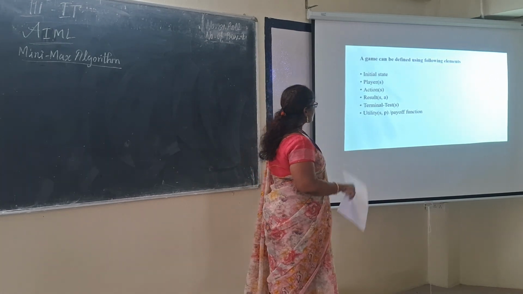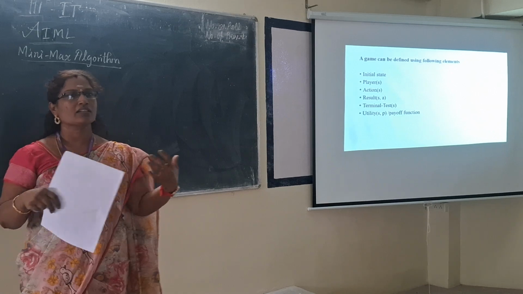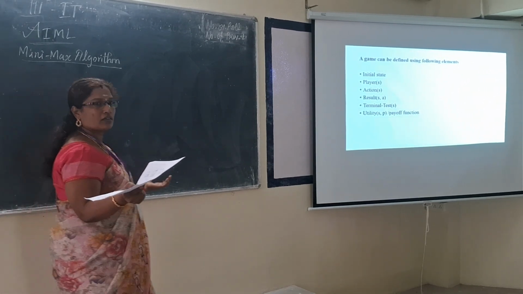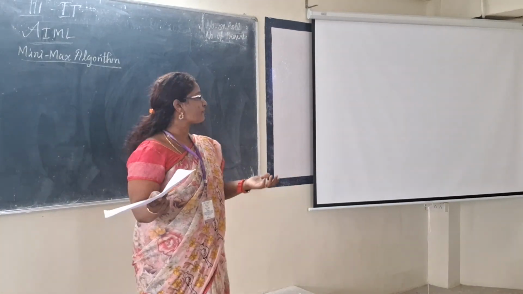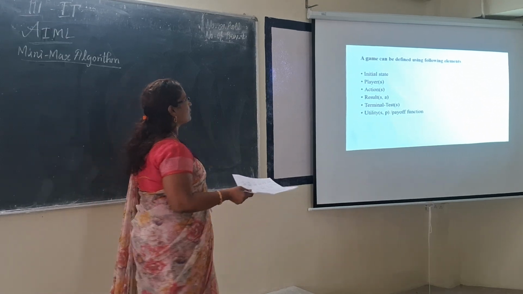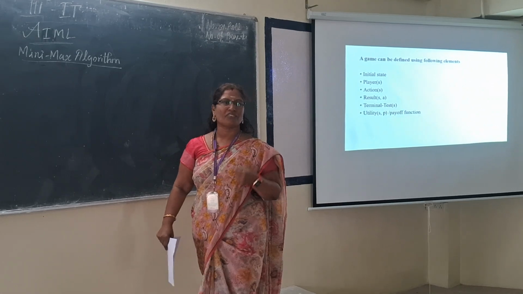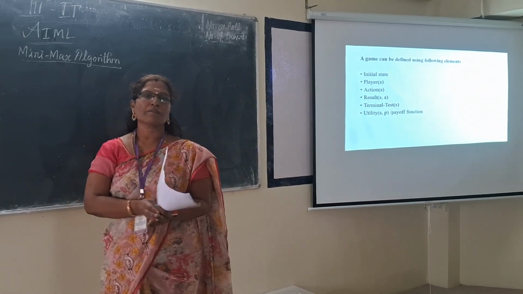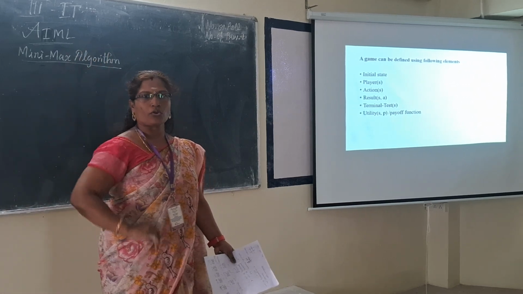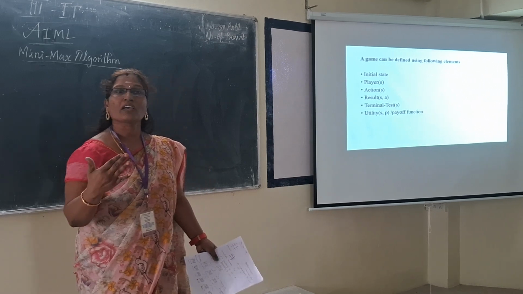Terminal state. When you reach a particular state, we can announce the result. Either one person may win and the other may lose, or the game may end in a draw. If both of them are not able to win, it may be closed with a draw state. So what are the terminal state and utility? We will be using some values. Sometimes in a game, even if both reach the end at the same time, time will play a very important role: within what time this person reached, within what time the other person completed the game.